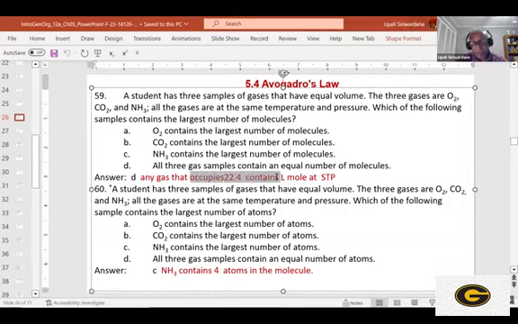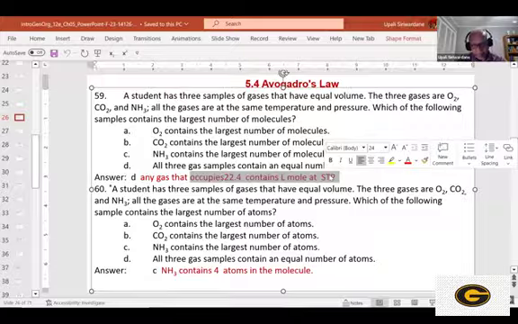This statement: any gas occupies 22.4 liters. 1 mole of gas at STP occupies 22.4 liters. That is coming from Avogadro's law.